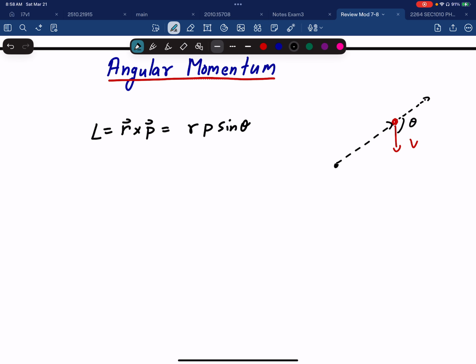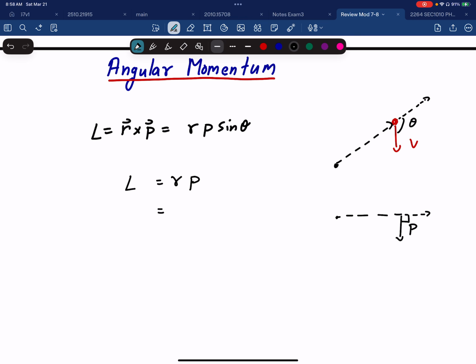Now if I maximize this, I know theta is 90 degrees, so this is r p, and this is the tangential momentum, because it is 90 degrees with respect to the radius.